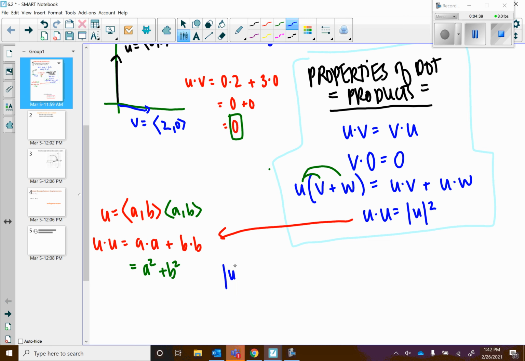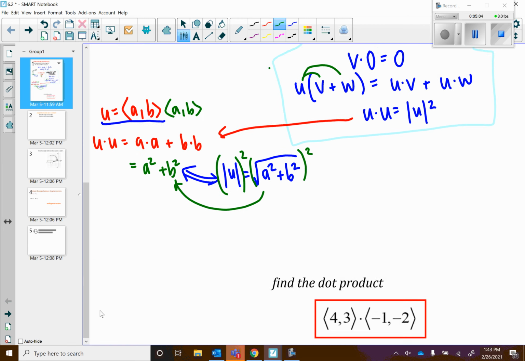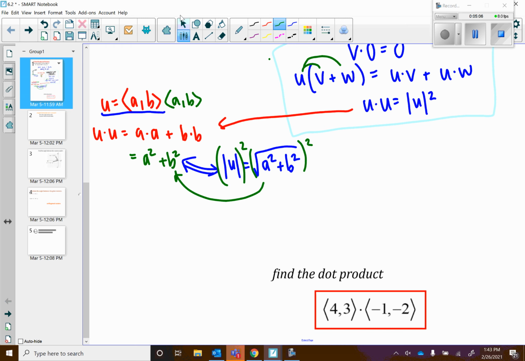Well, off to the side, what about the magnitude of this vector? We know the magnitude is the square root of a squared plus b squared. So then look at these two. They're very similar to one another. Specifically, if I took this magnitude and squared it, I would get a vector multiplied with itself, u dot u.